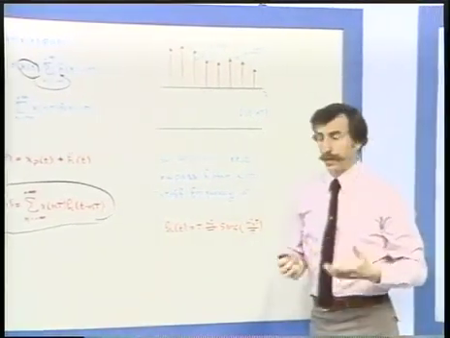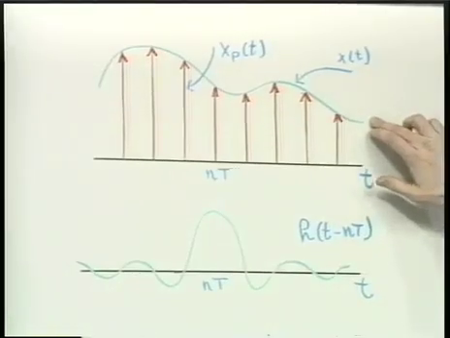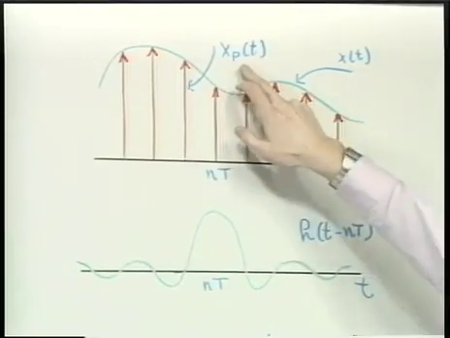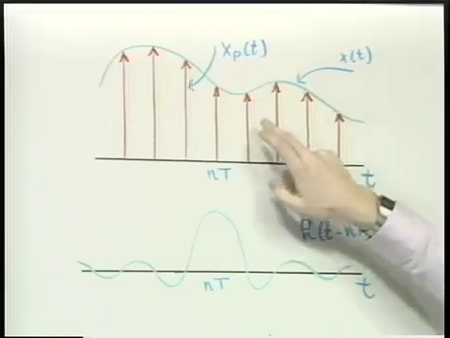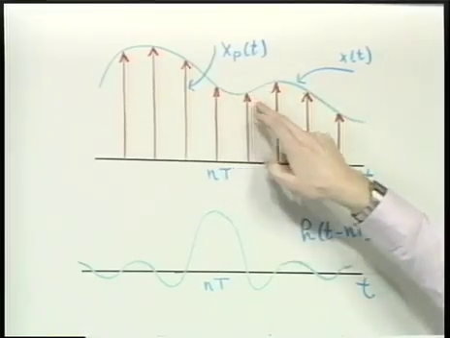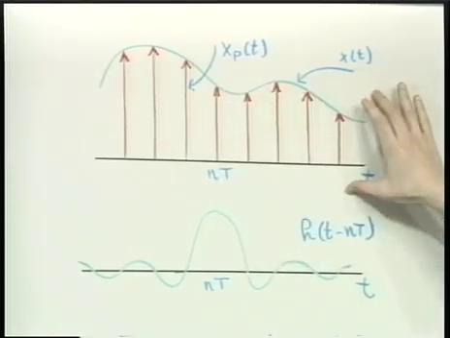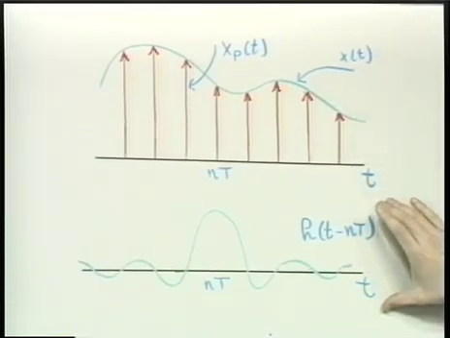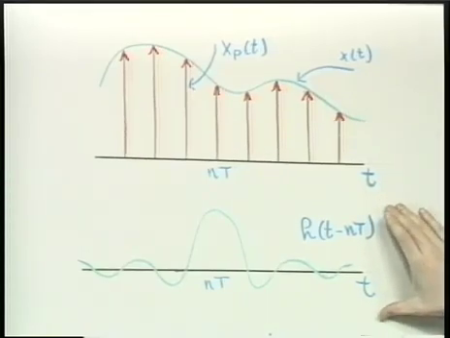Well, in terms of a diagram, we can think of the original waveform as I've shown here, and the red arrows denote the sampled waveform, or the train of impulses whose amplitudes are the sample values of the original continuous time signal. And then I've shown here what might be a typical impulse response, particularly typical in the case where we're talking about reconstruction with an ideal low-pass filter.